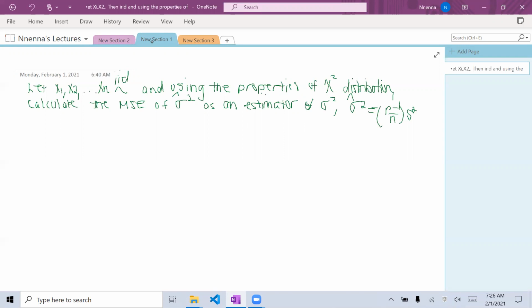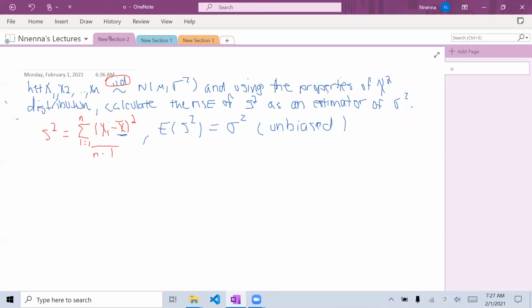It could be a good estimator for large sample sizes if the limiting variance of this estimator is smaller than the variance you see for the typical S squared. Then maybe for large samples this could potentially be a better estimator. So let's have a look and see.